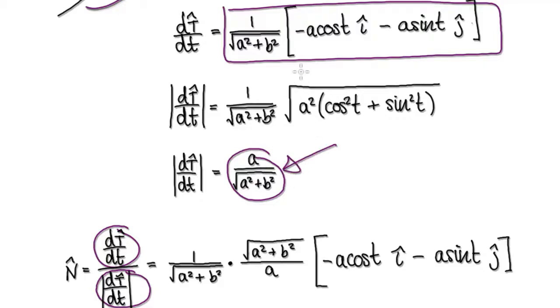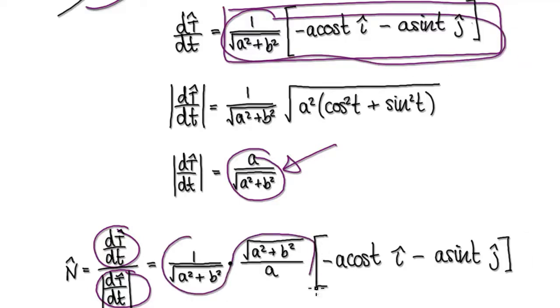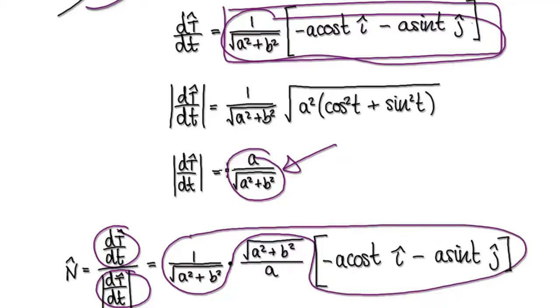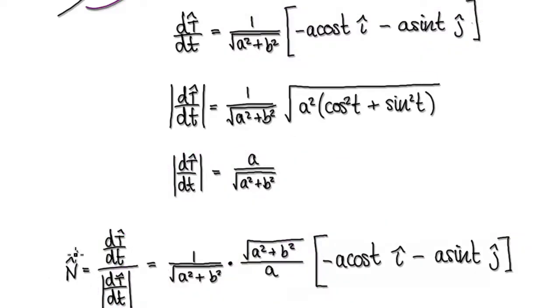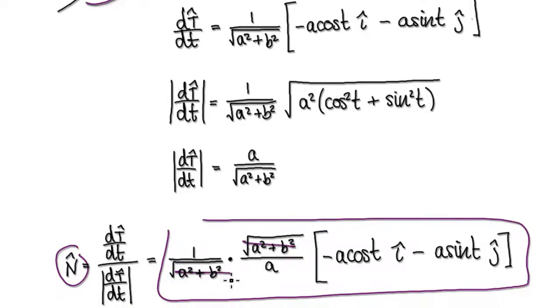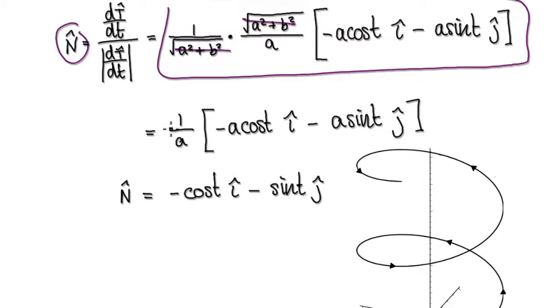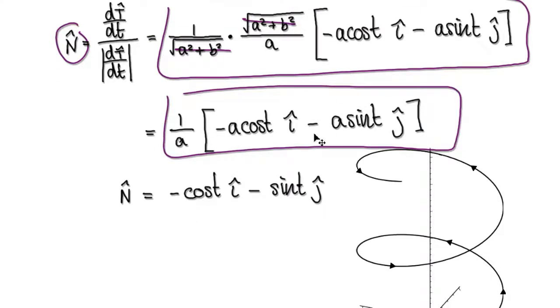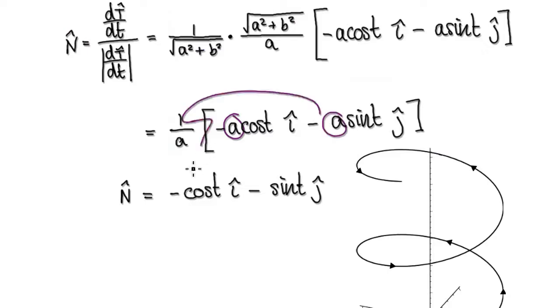So we've got our vector here, and then we need to divide it by this, which is us multiplying by the reciprocal of this thing here. So our unit normal vector is given by this whole thing here. Now these two will cancel each other out, giving us this thing here, and then you've got a constant here, factor it out, and it cancels out. That will give you this. So a unit normal vector is given by this.